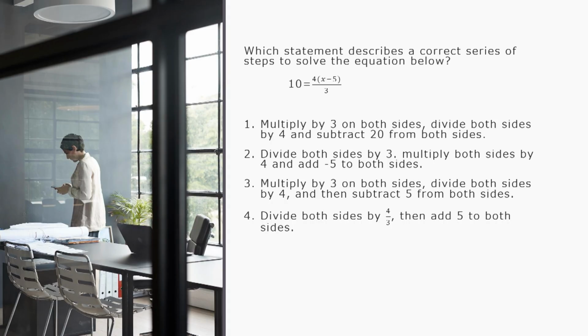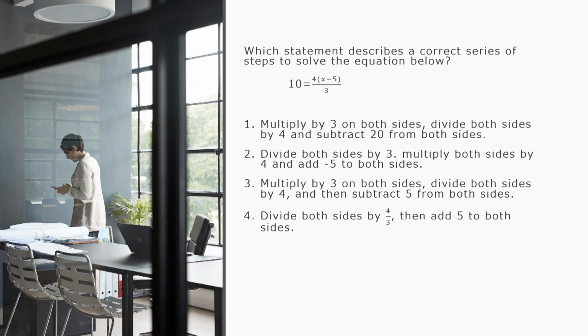Which statement describes a correct series of steps to solve the equation below? 10 equals the fraction 4 times x minus 5 divided by 3. Well, the first thing I would do is what? Option 1: multiply the 3 on both sides, divide both sides by 4, and then subtract 20 from both sides. Well, let's see.